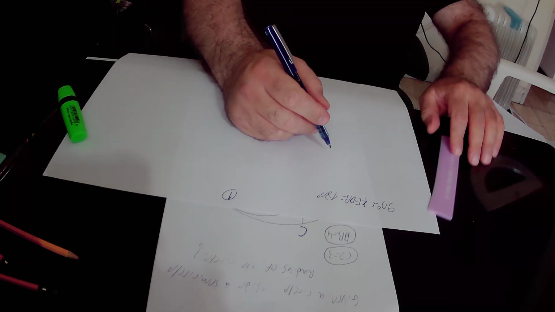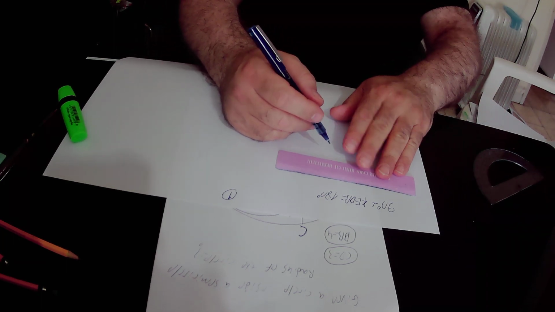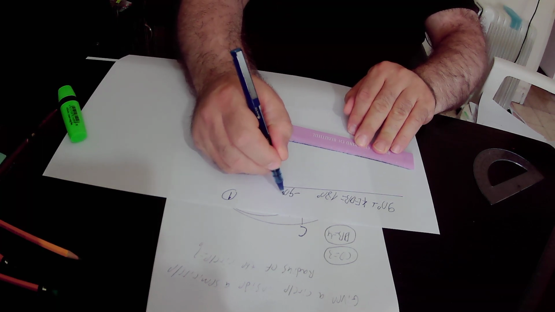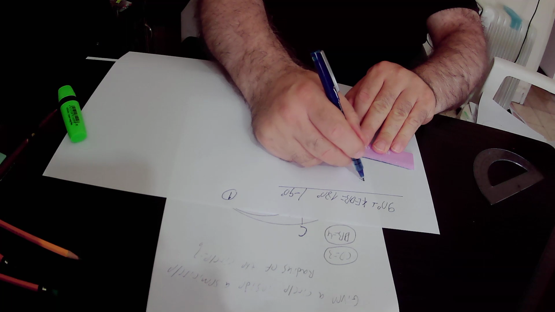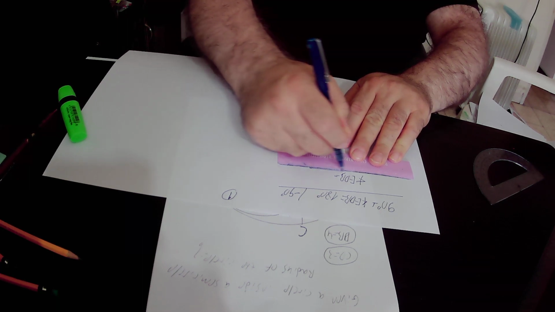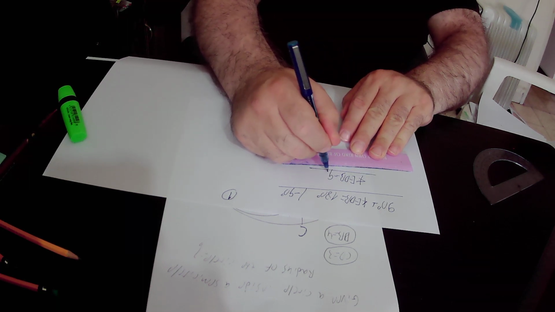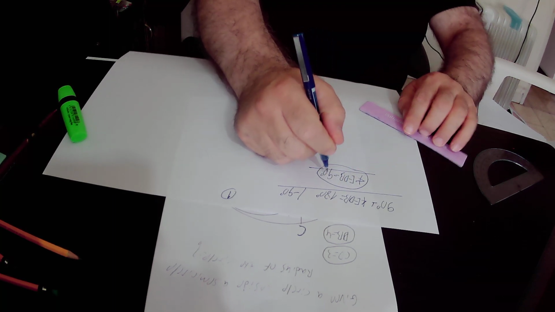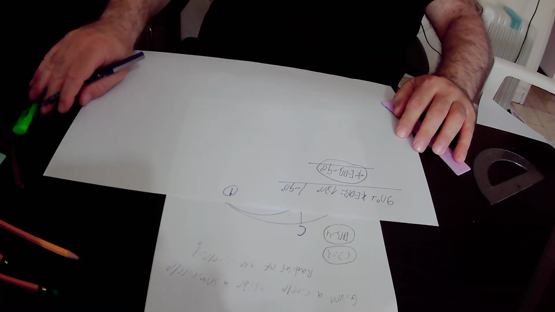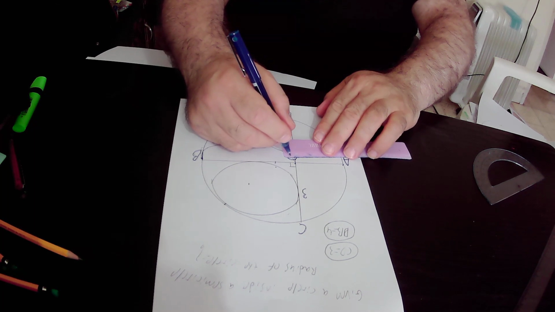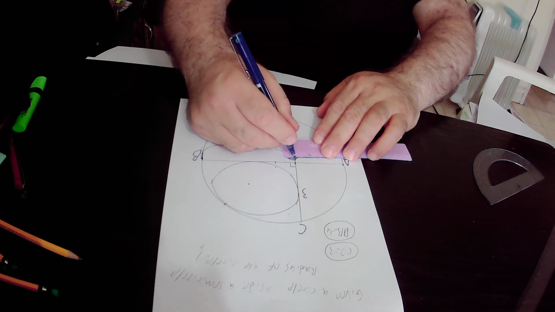So here we subtract 90 degrees from this equation, and we get that the missing angle EDB is equal to 180 degrees minus 90 degrees, which is 90 degrees. So angle EDB is a right angle, equal to 90 degrees.